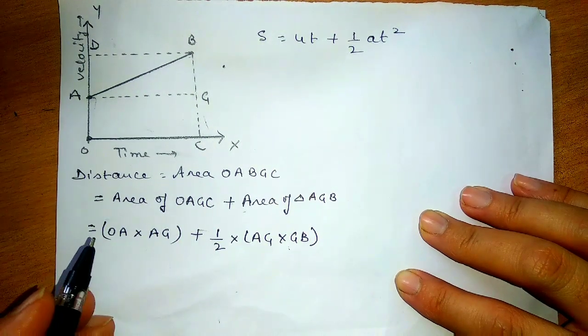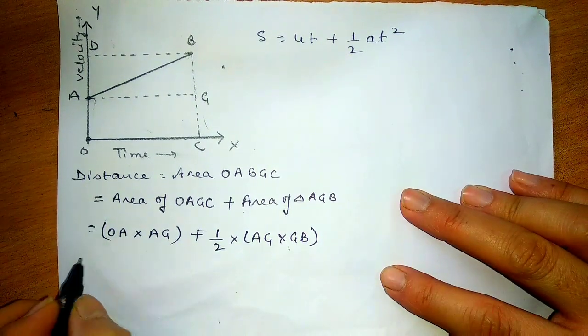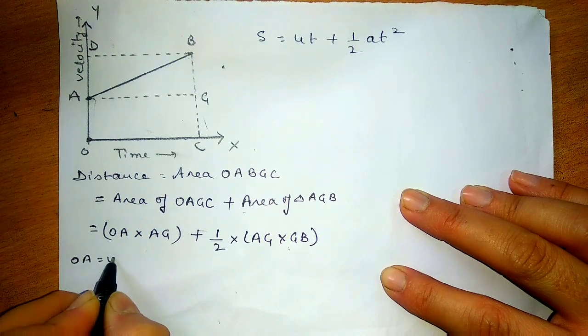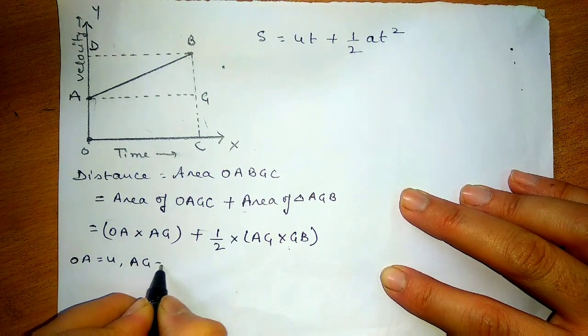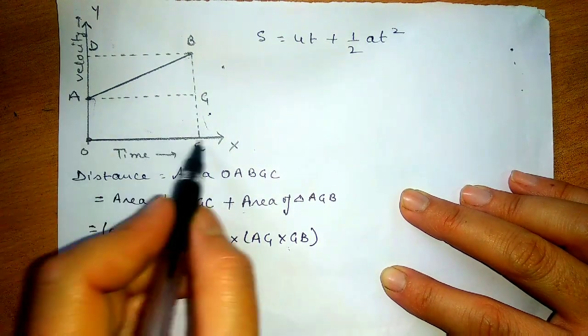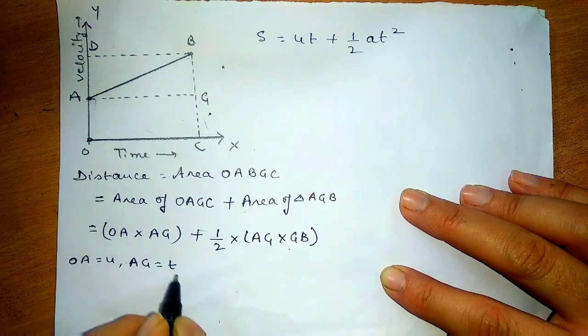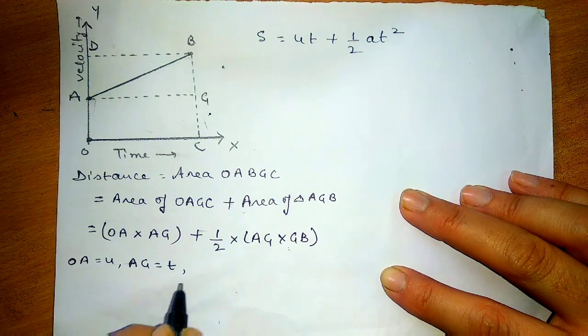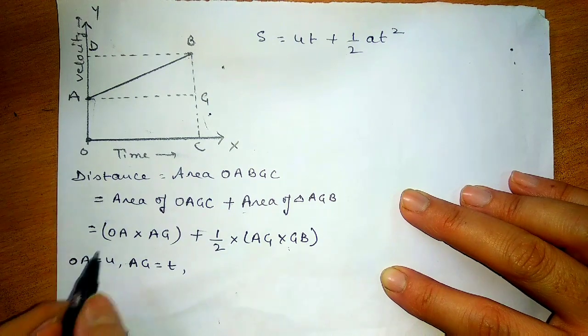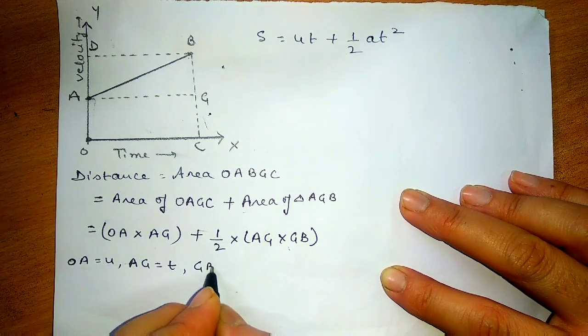So what is this OA? OA, I know it is the initial velocity. What is this AG? AG is equal to time. This is the time, na? Time traveled by an object in this uniformly accelerated motion. What is this GB? AG is done, OA is done, now GB.